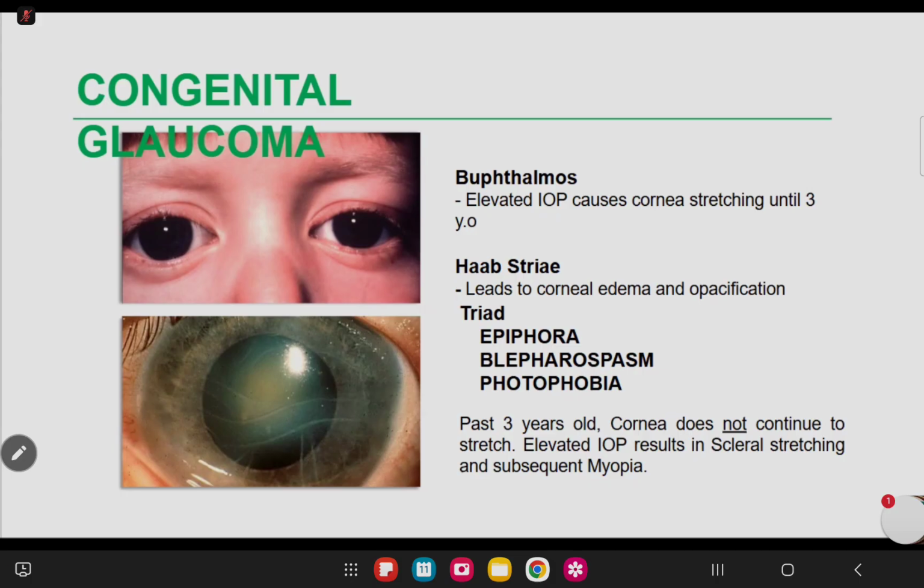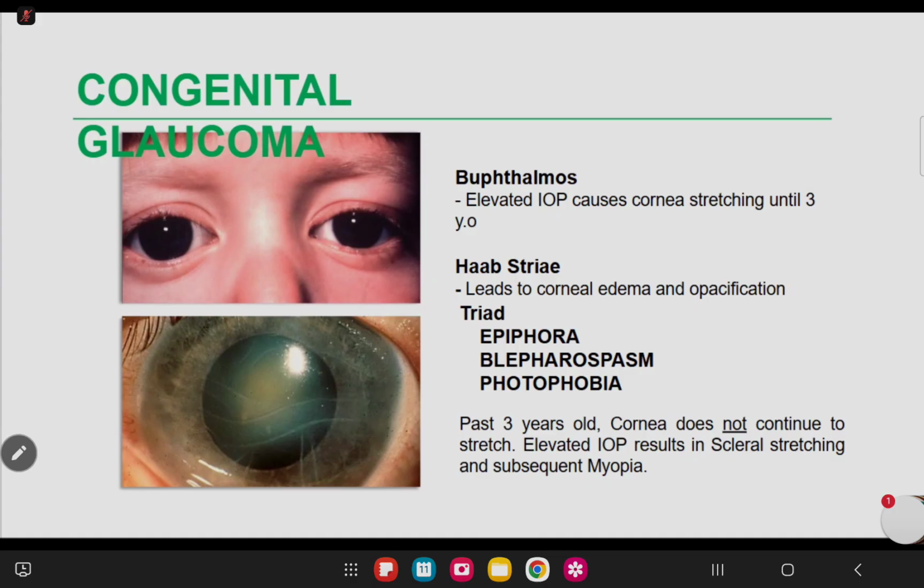So your patient's Descemet's membrane could tear if the elevated IOP is not controlled. There would also be scleral stretching and subsequent myopia. It could be compared to a ball that you constantly put pressure inside. It could rupture, no?